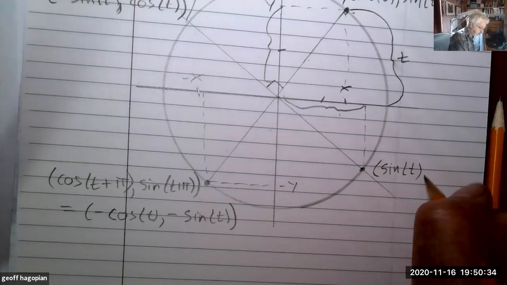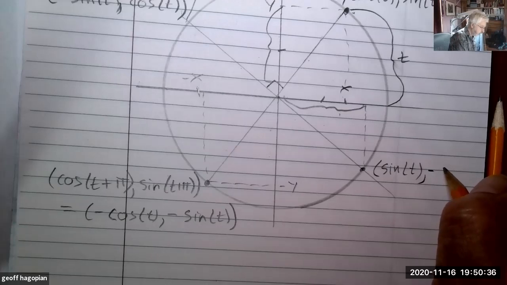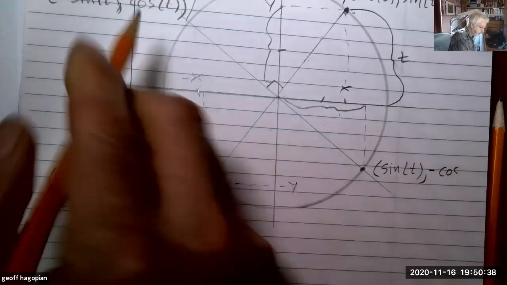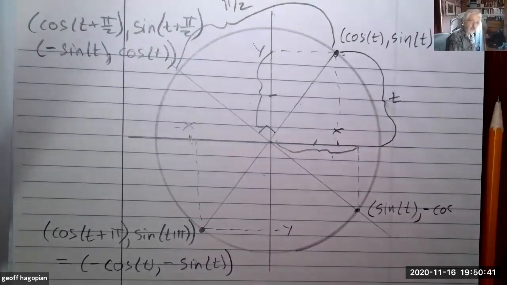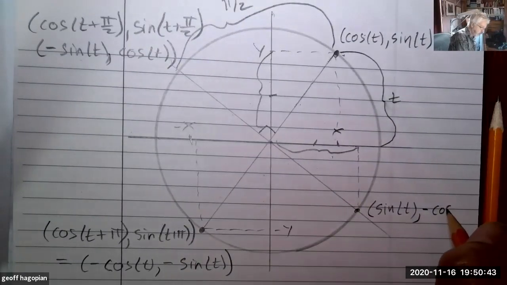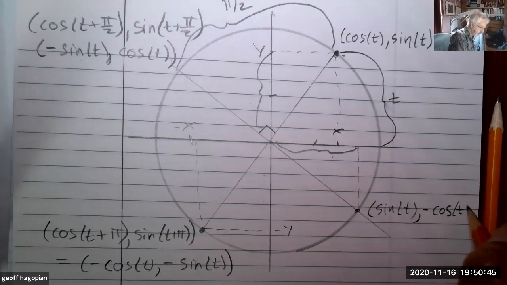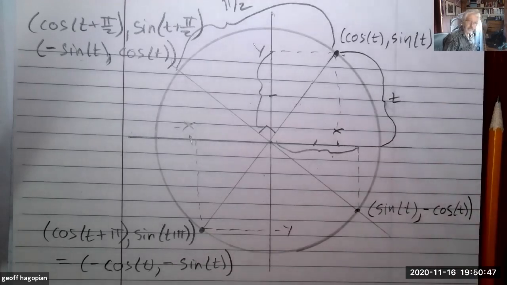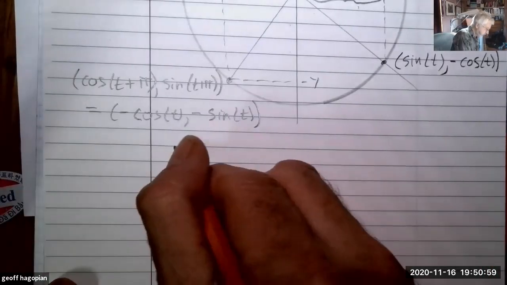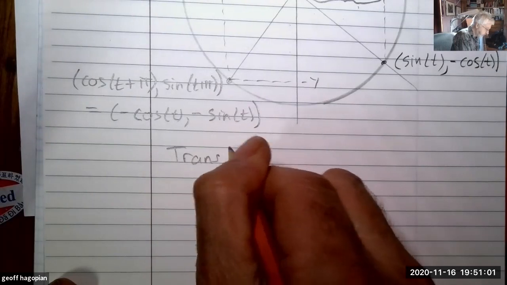The x-coordinate is positive, and this is negative cosine of t, the opposite of what's over here, right? Did I make it too large? It doesn't quite fit on the, okay. So let's just leave it at that for now, okay? So we're moving on to transformations. So let's talk about transformations.